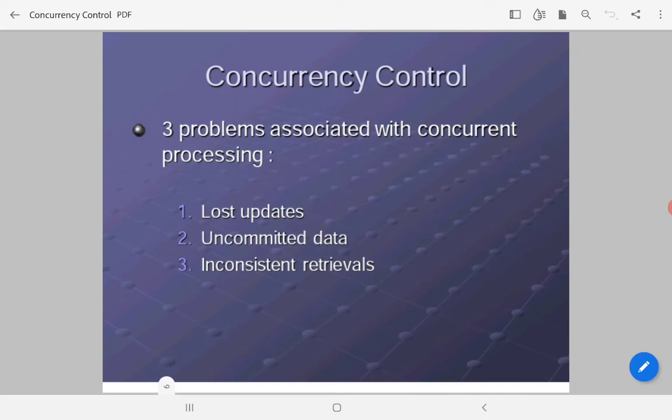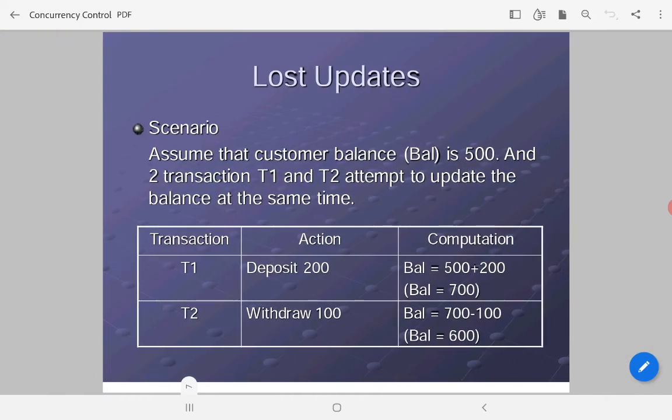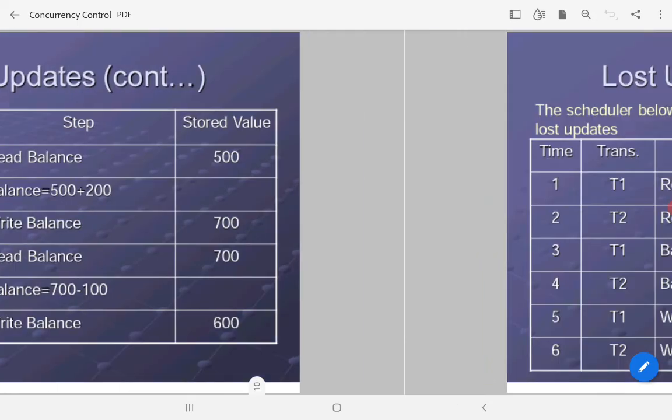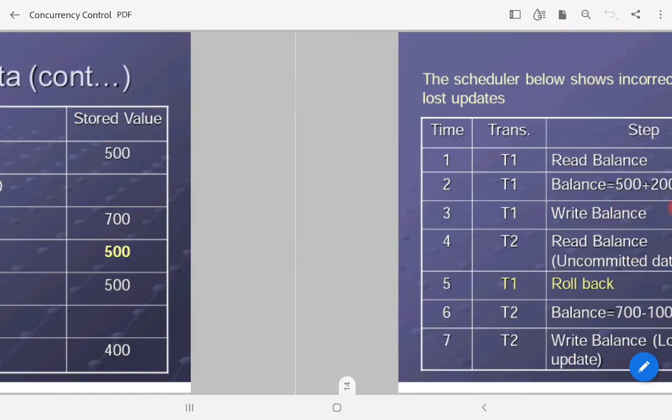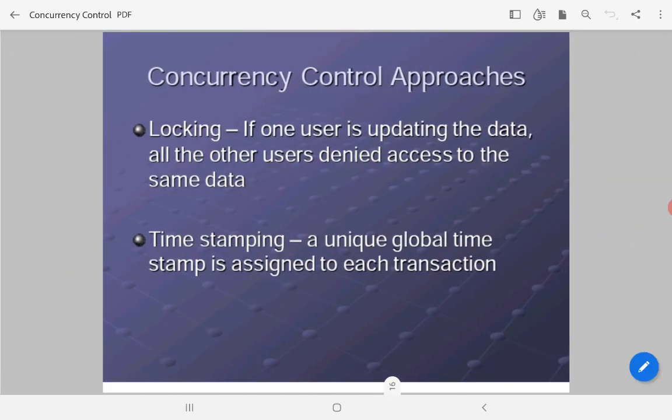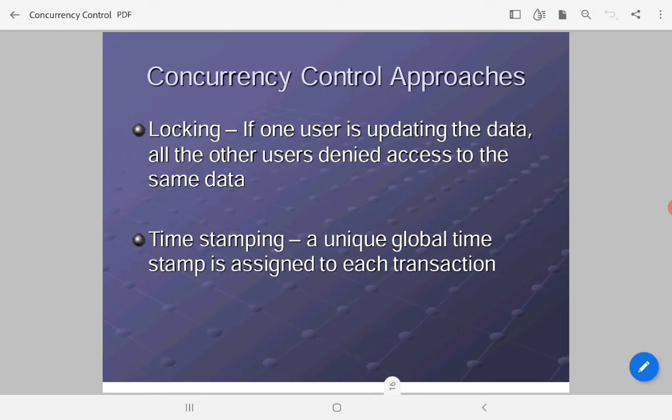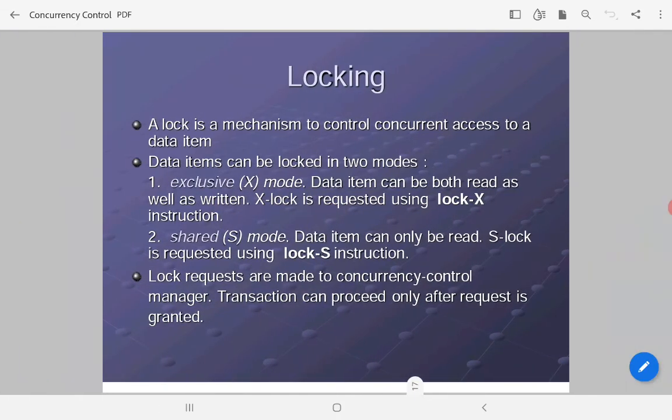How do we solve concurrency problems in an RDBMS? The first one is locking, the second one is timestamping.